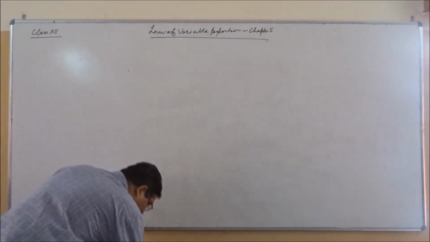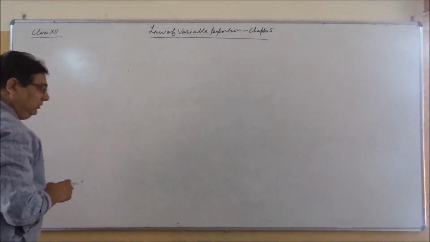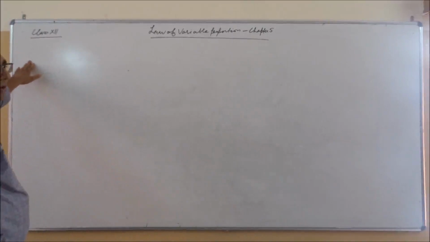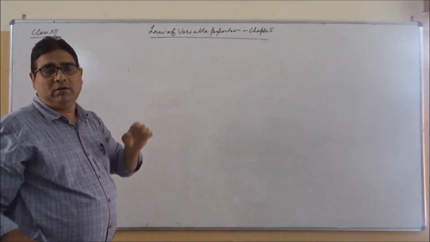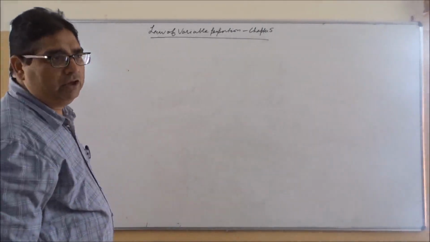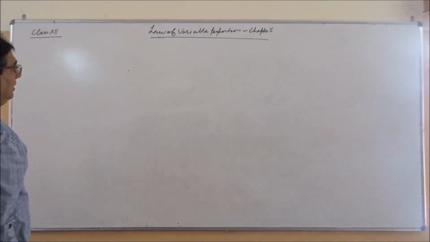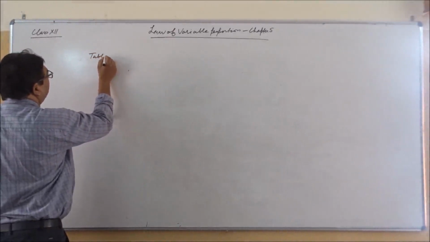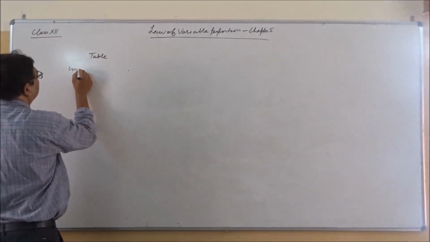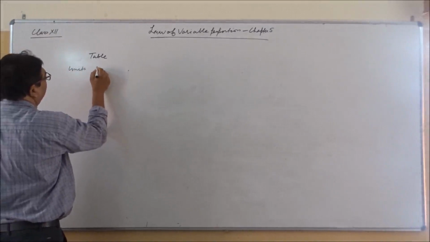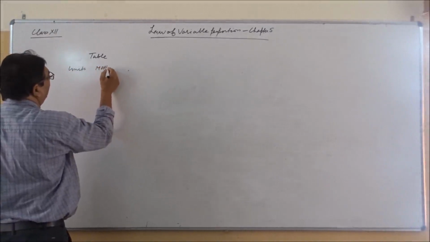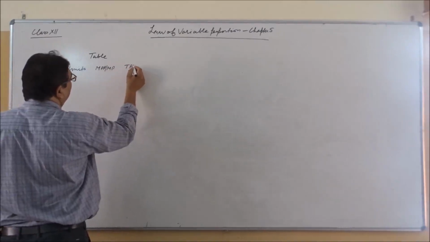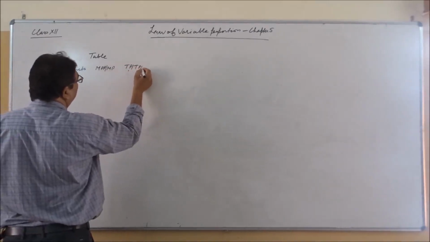To make understanding more clear, I am going to draw one very small table and diagram. Table: units, MP or MPP, TP or TPP.